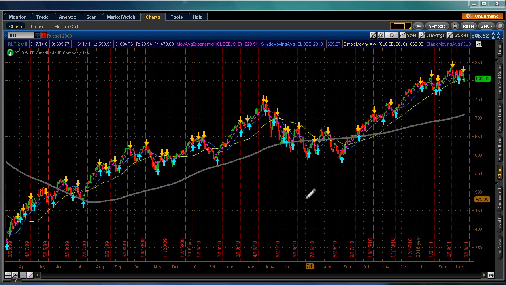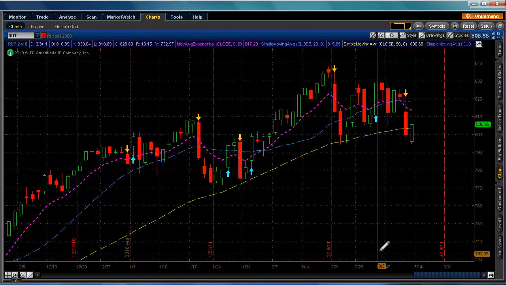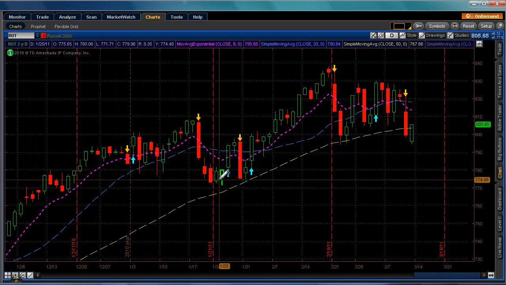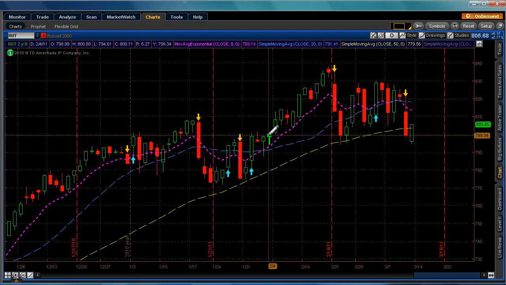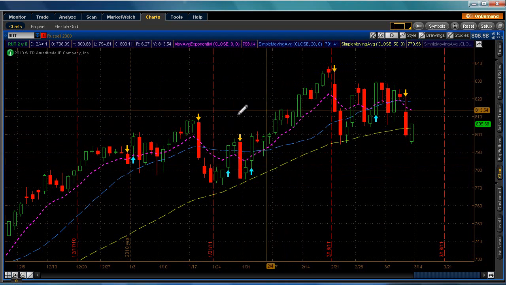And let's zoom in on that on this chart here, and we'll take a look at it. Let's say that he might have put the trade on somewhere around in this area here, I would say.